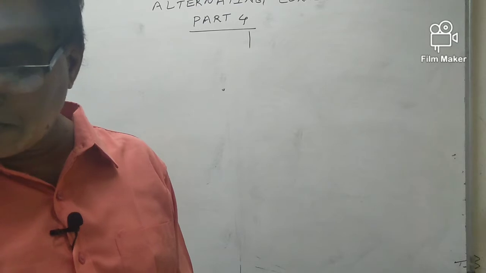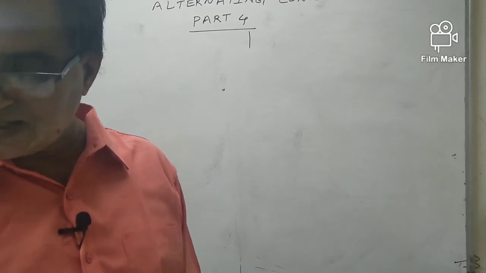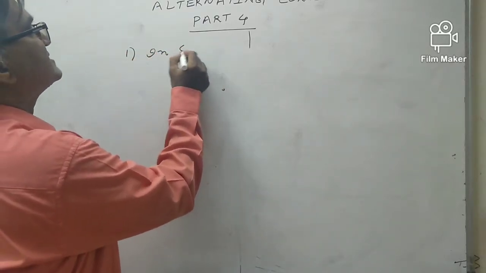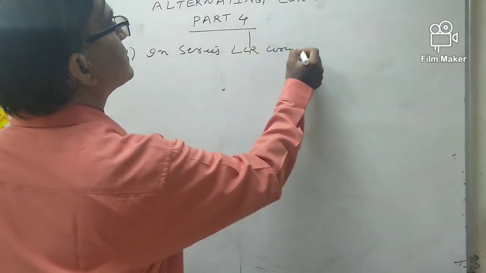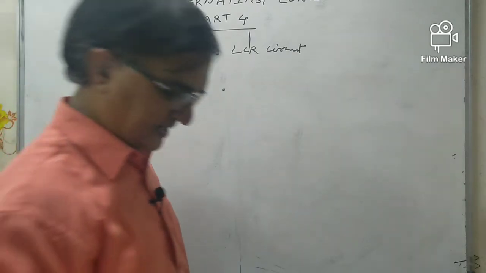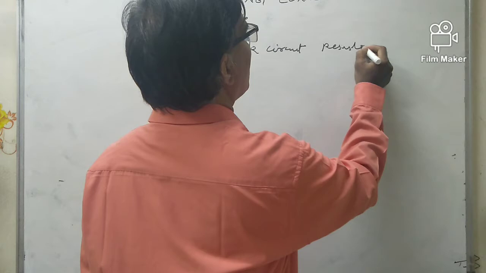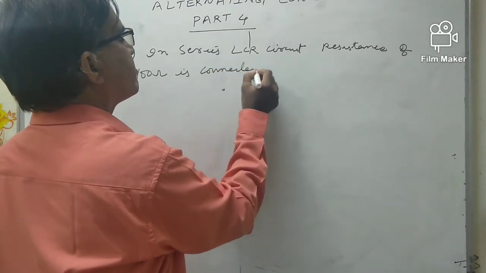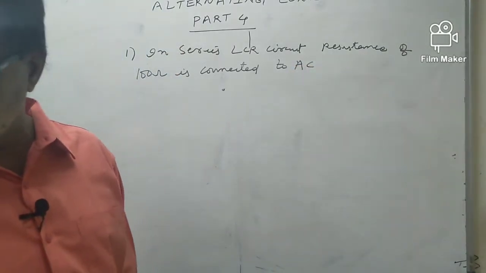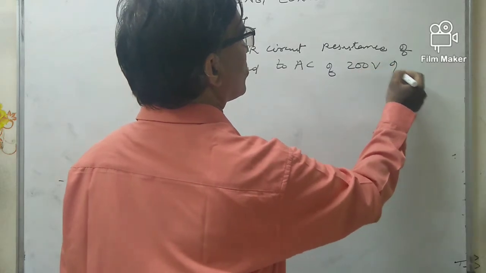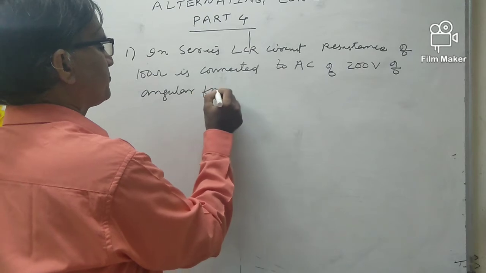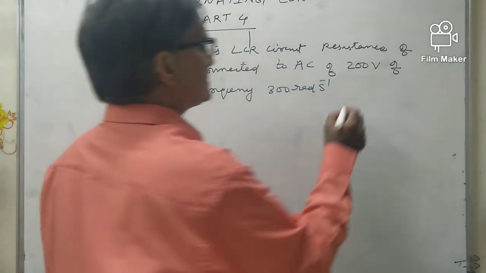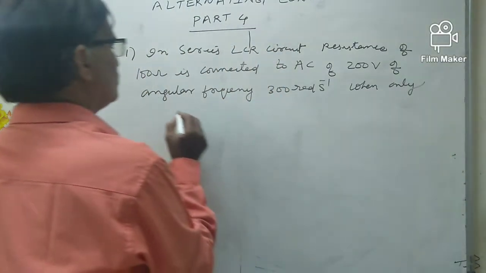In a series LCR circuit, a resistance of 100 ohms is connected to AC of 200 volts, of angular frequency 300 radians per second, when only capacitance is removed.